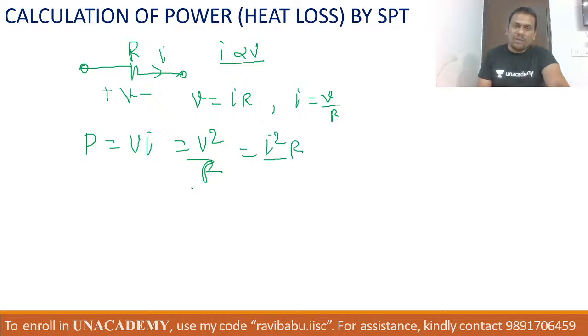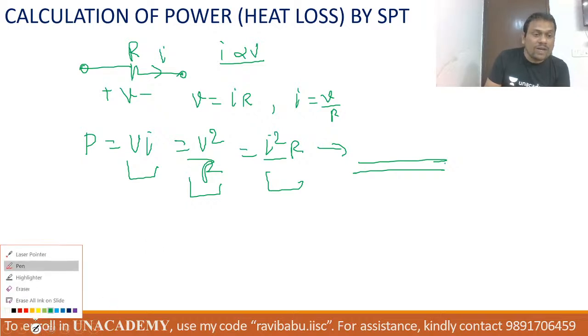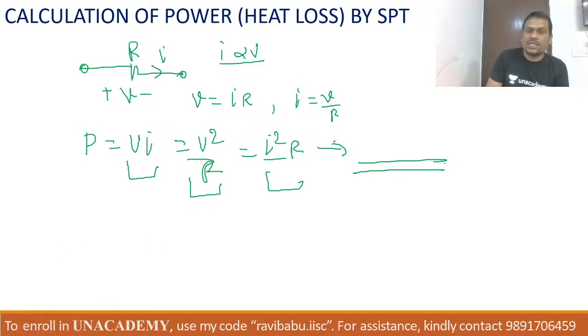Okay. Now tell me beta, this first term and second term or this third term are linear one or non-linear one? Speak up everyone beta. I square R beta and V square by R will be linear one or non-linear one? Okay, this is the question.